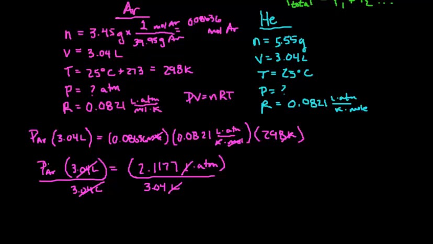So 2.1177 divided by 3.04 is equal to, so the pressure of argon is equal to 0.6966 ATM. I'm going to make this significant figures, and I'm basing this on temperature. So the pressure of argon is actually 0.70 ATM.